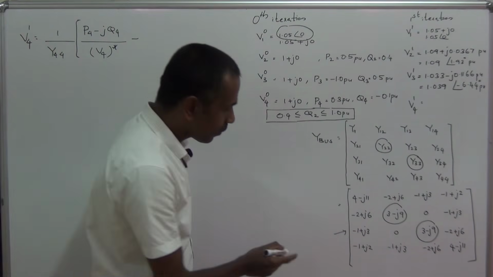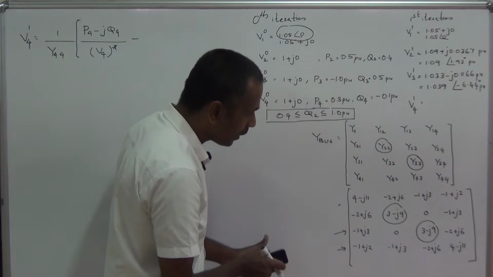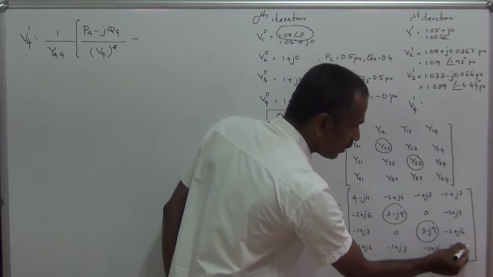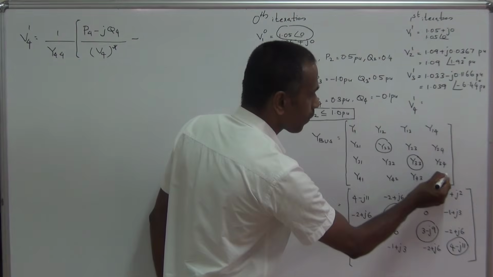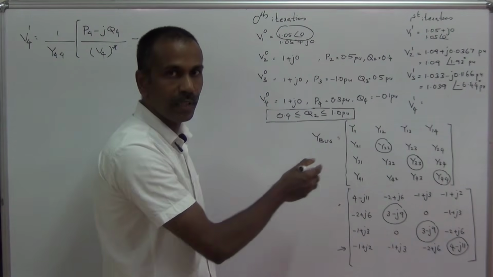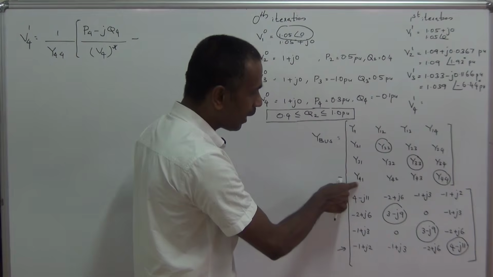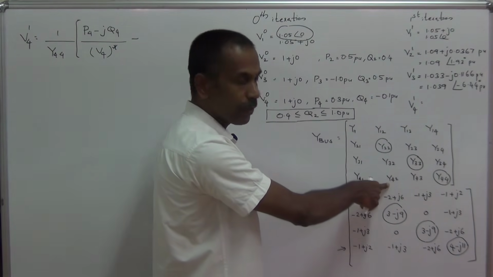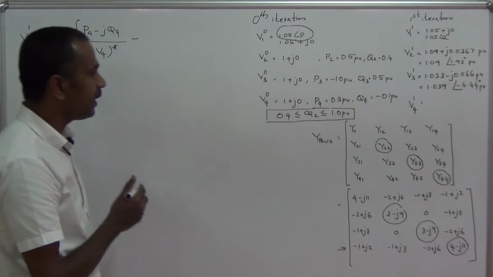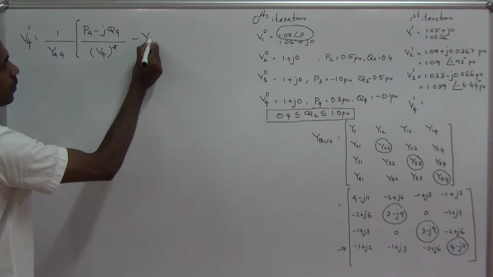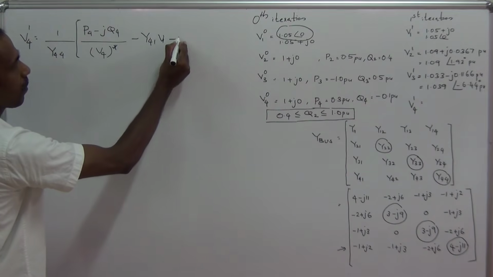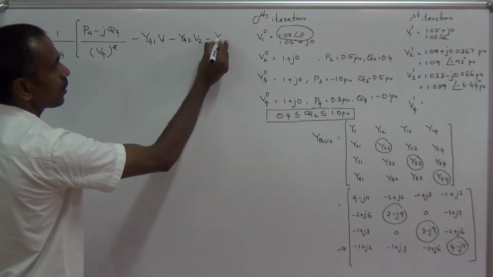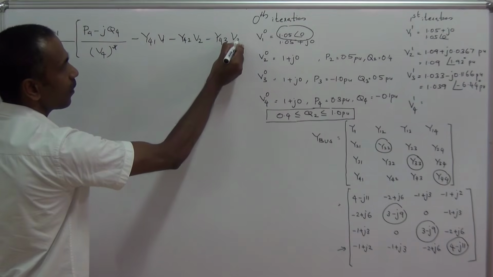When you find the fourth bus voltage, we consider all the elements in the fourth row except the diagonal element. So the terms are Y41 V1, Y42 V2 and Y43 V3.